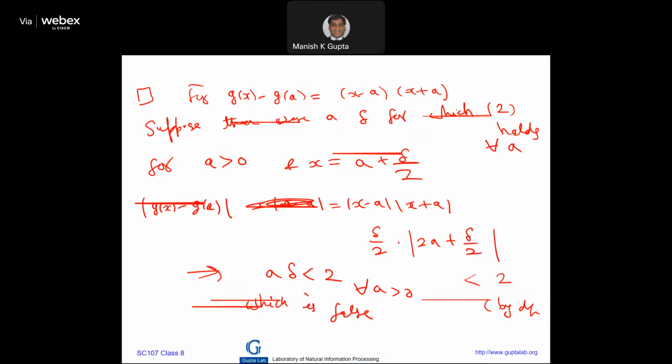Now when the delta only depends on epsilon, then the function is uniformly continuous. Same function, if I restrict it to the interval −1 to 1, it will become uniformly continuous. So this is the beauty, actually. Same function, if you change the domain, it becomes uniformly continuous, right?